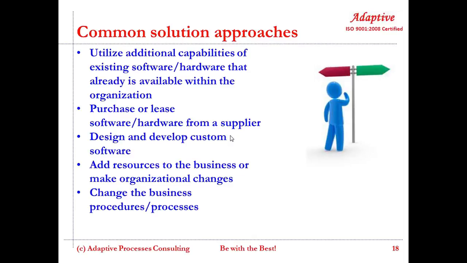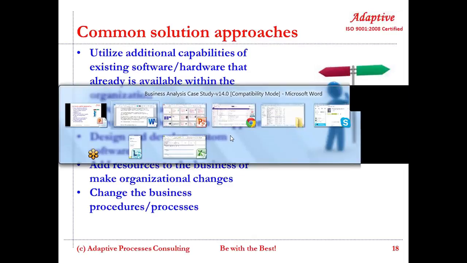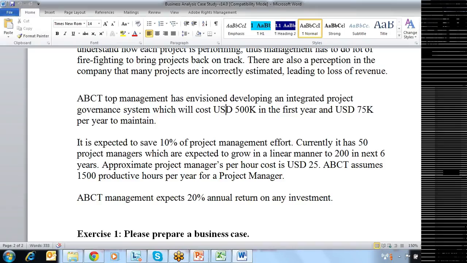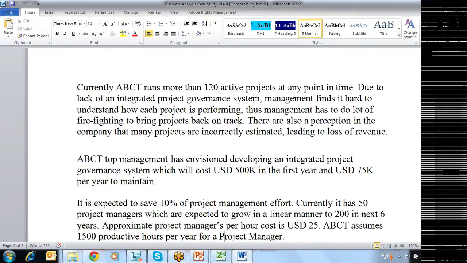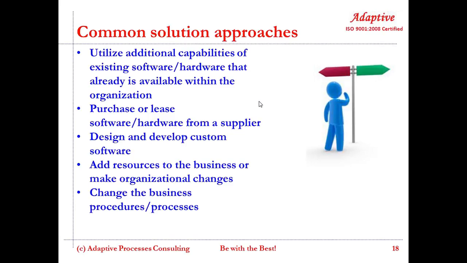One of them is that they're saying the system can help. In this case study, they're saying an integrated project governance system is a solution. That's the approach that they want to follow.